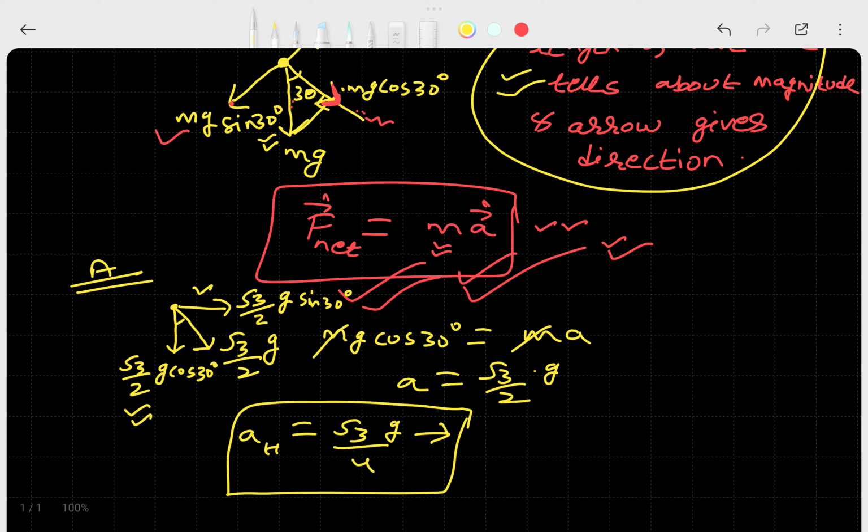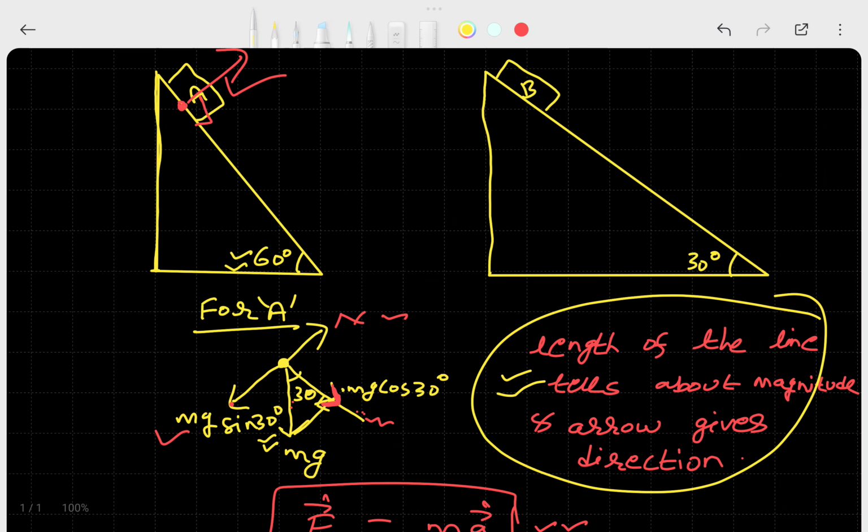Now again for block B, if you see block B, I'll do it here itself. This is your inclined plane, this is mg acting, let me take M dash, because they haven't specified that both masses are the same, anyway it will get cancelled.